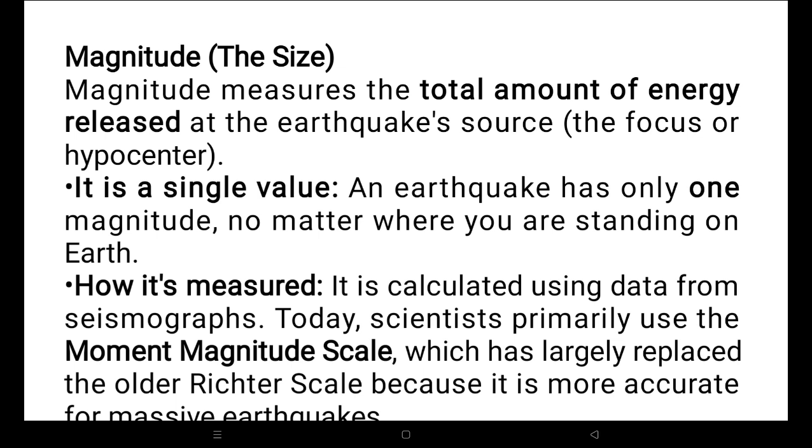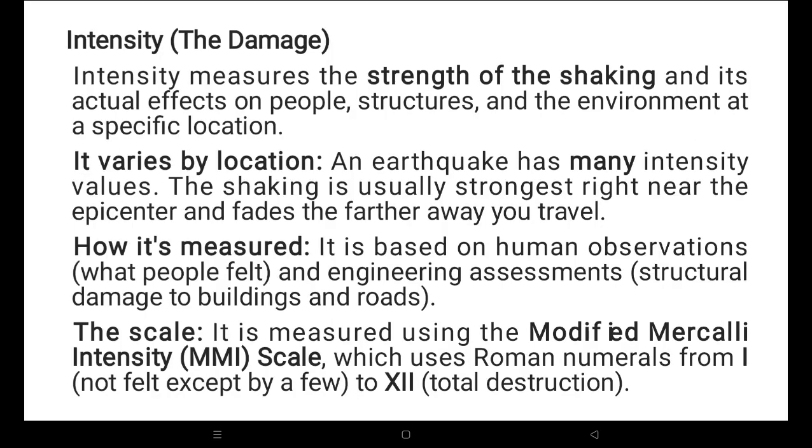Earlier it was the Richter scale in which the magnitude was measured, but nowadays another scale, the moment magnitude scale, is used. We will not go through what the moment magnitude scale is, but you just remember that the moment magnitude scale is nowadays used. So what is intensity?